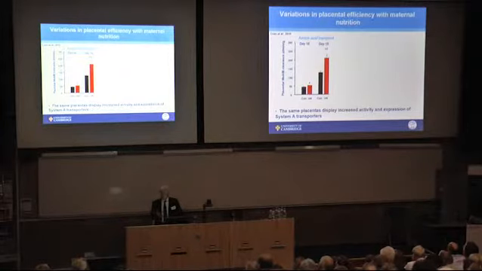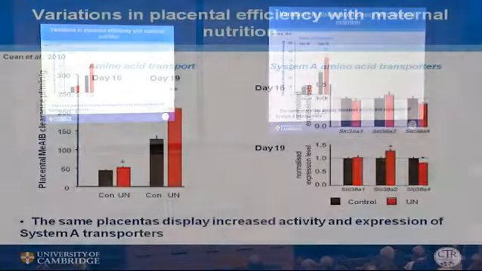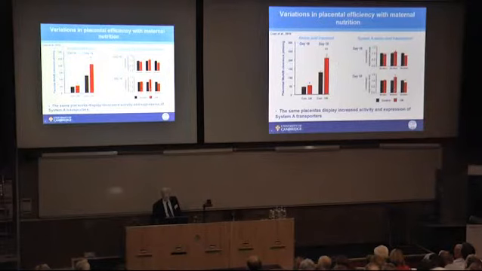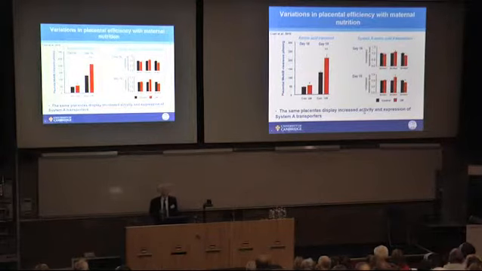Is that simply just this change in the labyrinth area? It also seems to be due to an increase in the expression of the genes encoding specific amino acid transporters. And so again, in the undernourished animals, we see increased expression on day 19 of this amino acid transporter here. So we see not just structural changes, but also molecular changes in response to this undernutrition.